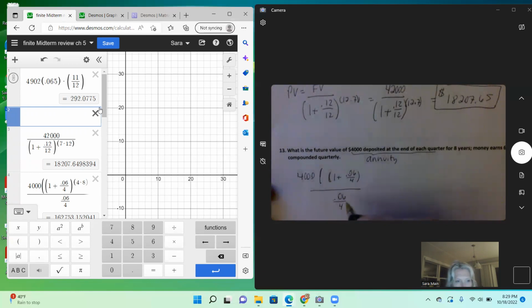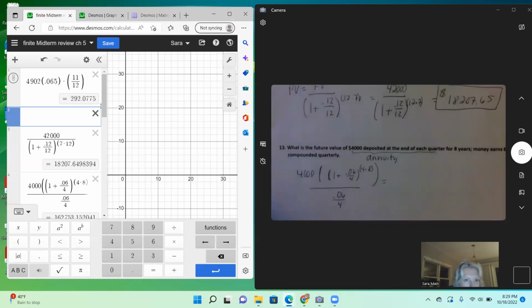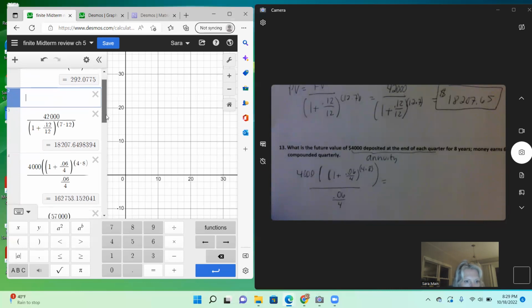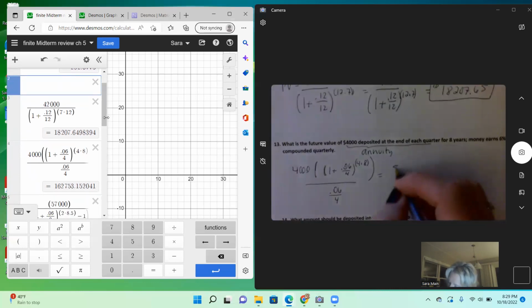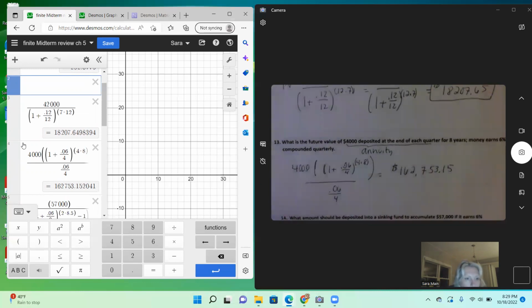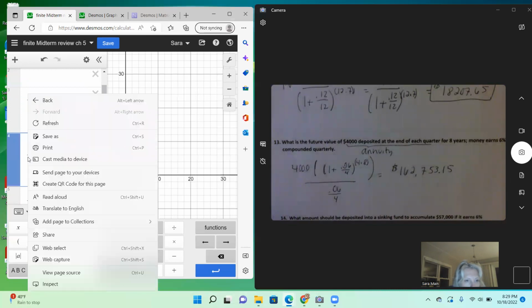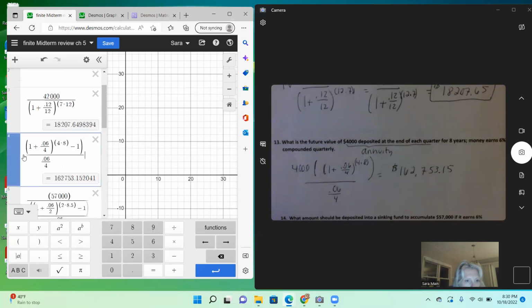And this is our quarterly interest rate. And then we're going to raise that to the 4 times 8 because we're compounding quarterly for 8 years. And that is right there in Desmos. And it looks like we would have $162,753.15 right here in blue.